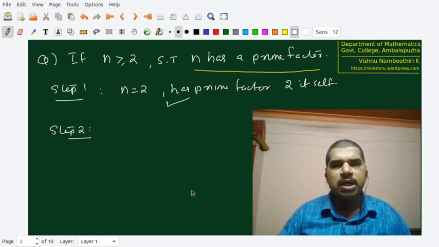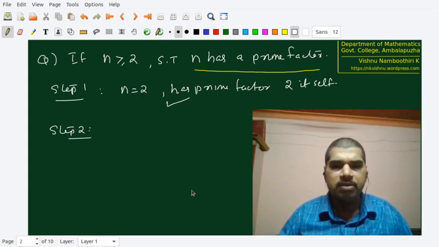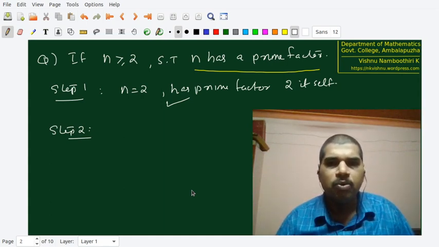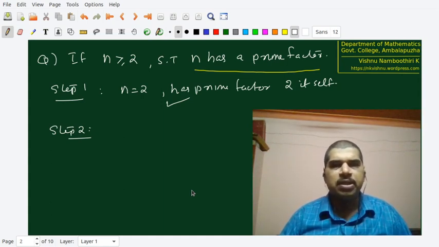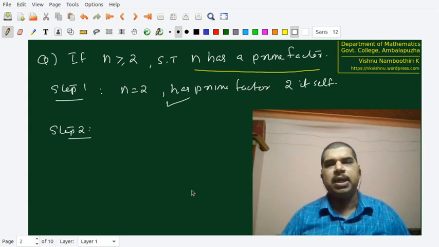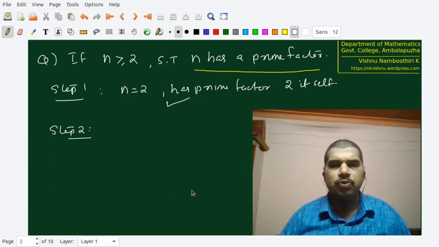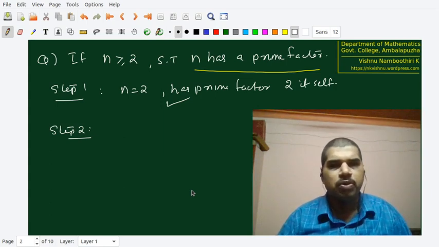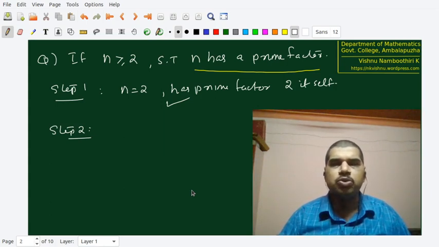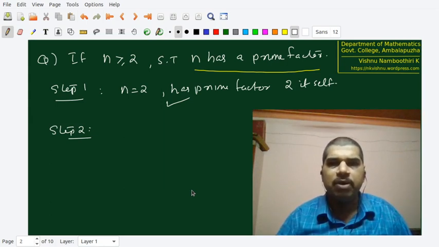Remember that in weak induction, we only assume that the result is true for n equal to k, and then we move to n equal to k plus 1. Here the difference is that in strong induction, you need to assume that the result is true for all numbers up to k. That means the result is true for the initial number, for the initial number plus 1, for the initial number plus 2, and so on, for k minus 1, and for k. That's what we have to assume.